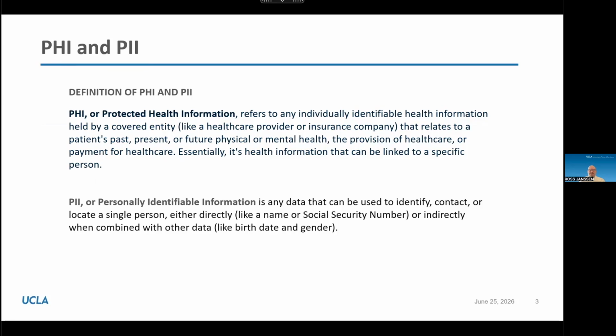And PII is personally identifiable information. It could be health information that's got personally identifiable factors in it, but it's any data that can be used to identify, contact, or locate a single person, either directly, like through a name or a social security number, or indirectly when it's combined with other data like a birth date or gender.